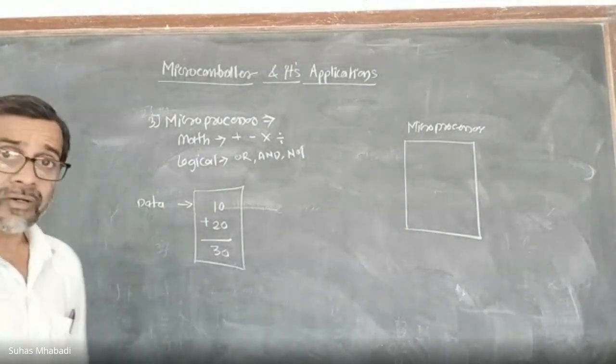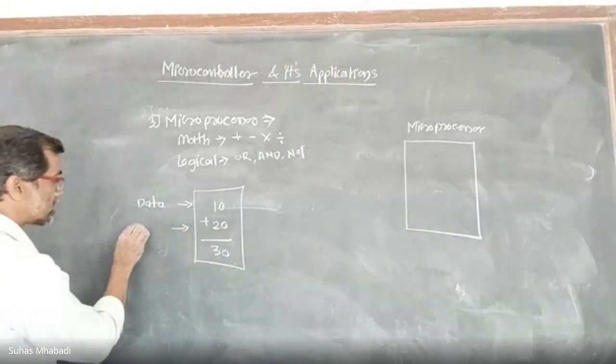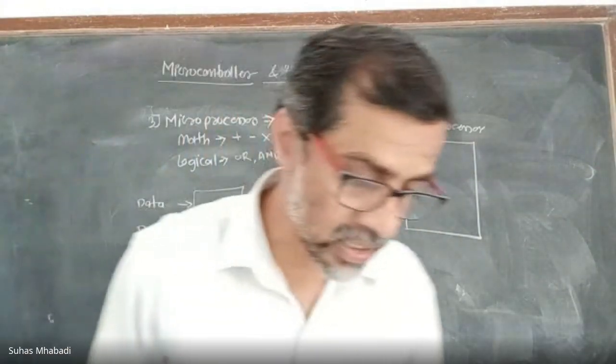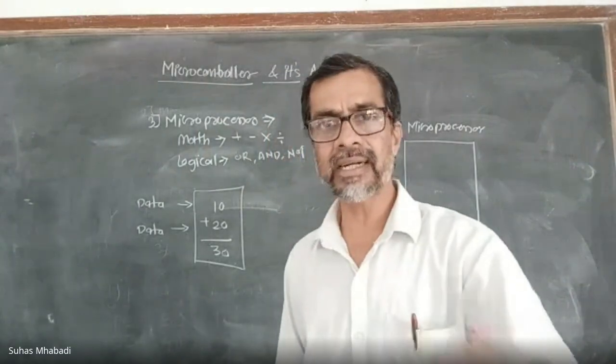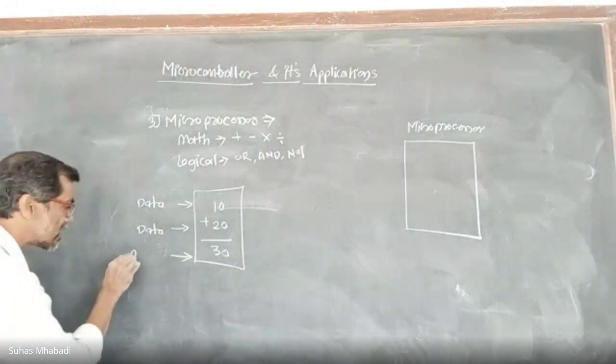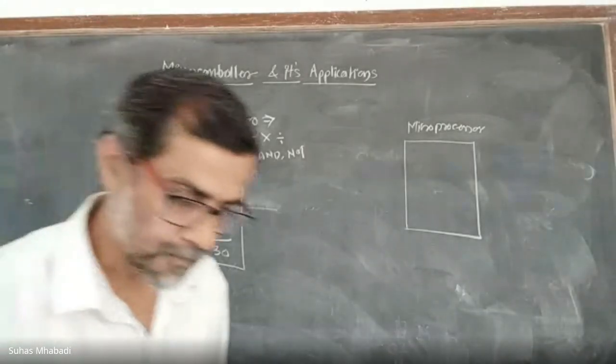What is 20? Data. What is 30? Of course, 30 is a result, but the result is again data. So this is actually the result, but the result will be in terms of data.